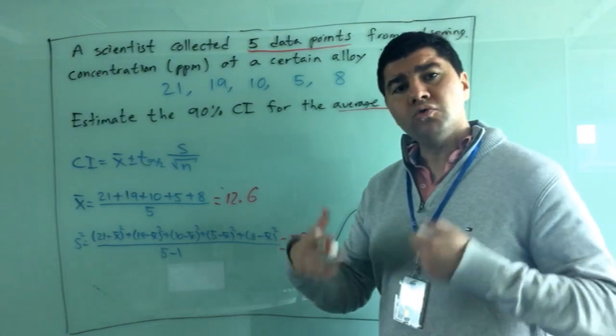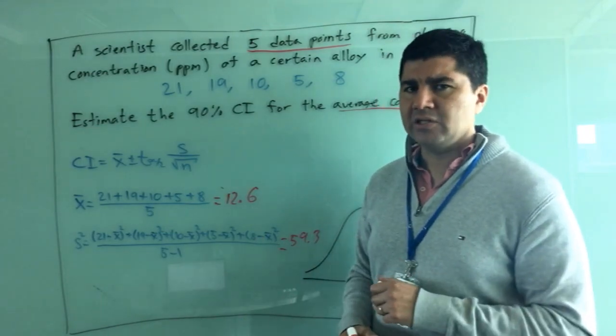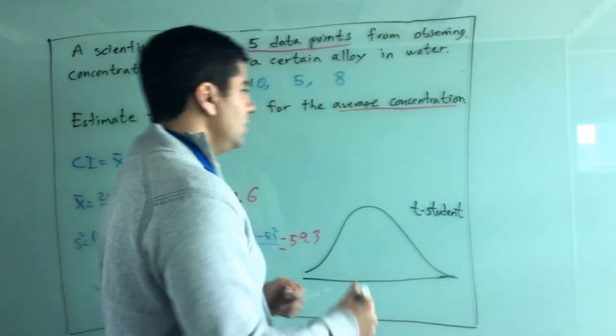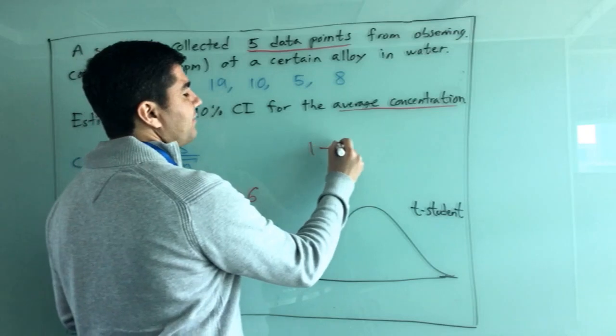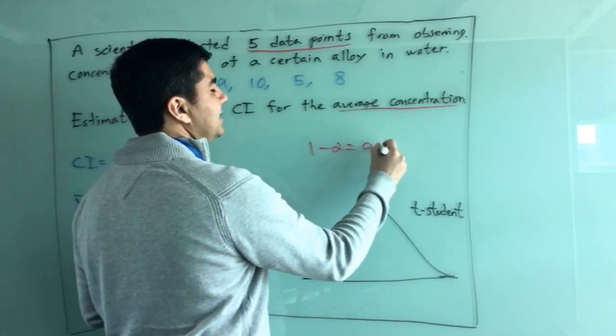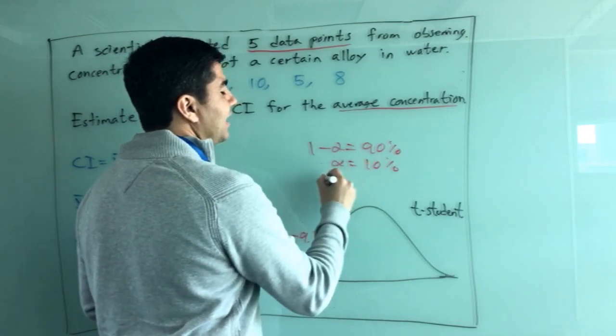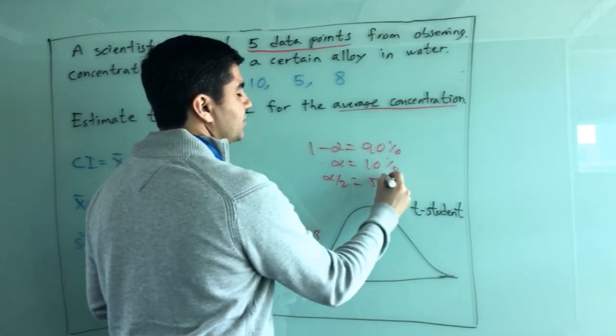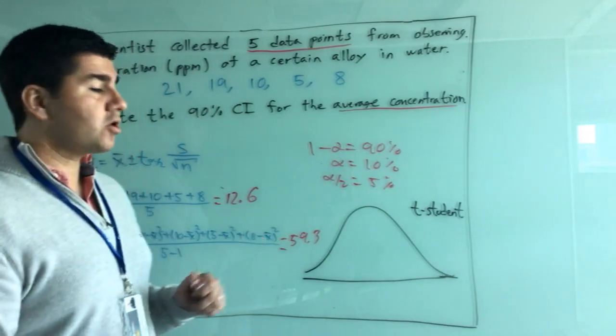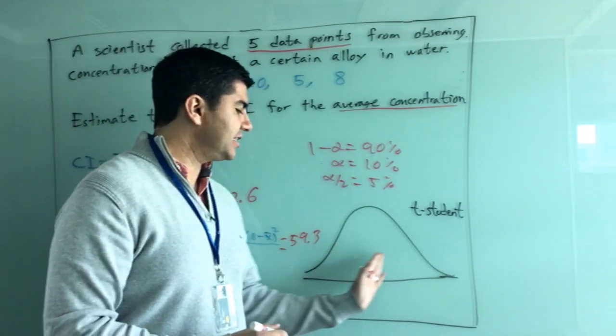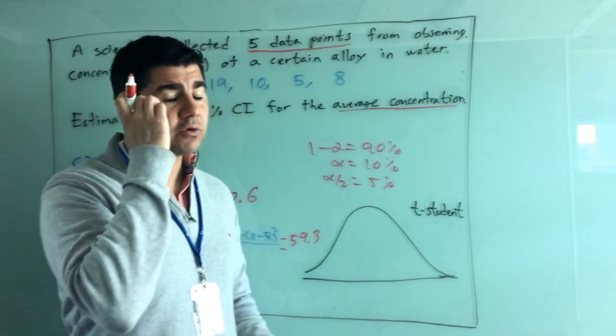For doing that, we're going to repeat exactly the same procedure as before. We already know that the confidence level 1 minus alpha is 90%, which means that alpha is 10% and then alpha halves is 5%. In this t-student, we're going to try to locate the 5% in here and the other 5% on the right tail.